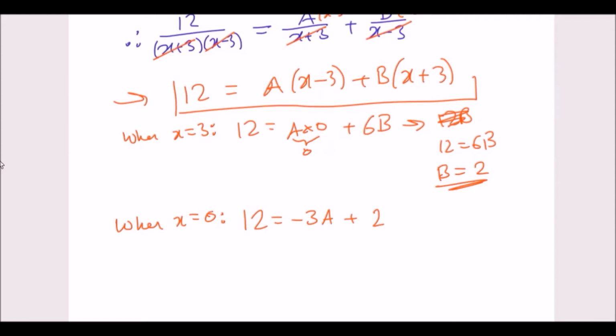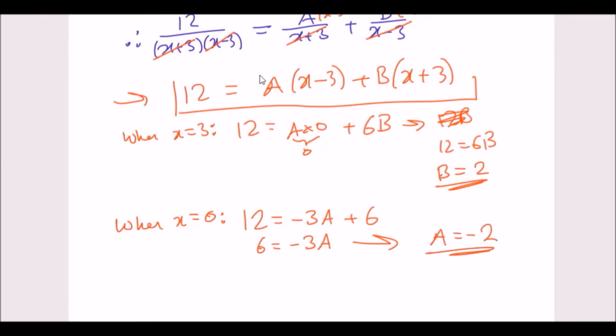And x is 0, so it would be 2 times 3, which is going to be 6. There are other ways to do this, you could choose negative 3 to cancel it, but I like to choose 0. So solving this equation to find a, subtract 6, so you get 6 equals minus 3a, and dividing by minus 3, you should finally get a equals minus 2.